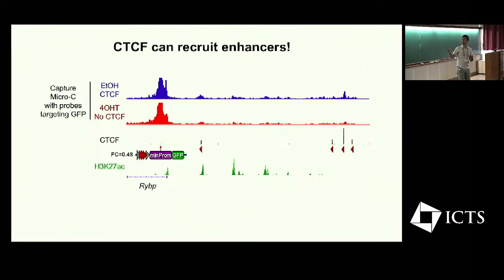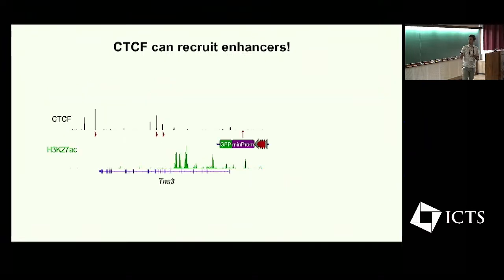This was a small case. I would like you to appreciate how the interaction is increased with the promoter over here because of the interactions increasing with the enhancers over here, but we also have some more dramatic effects.